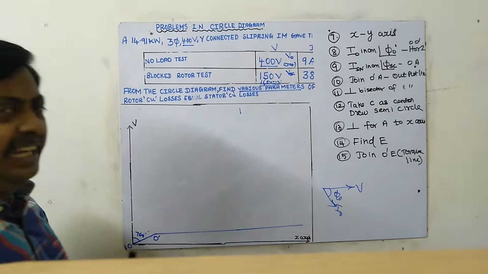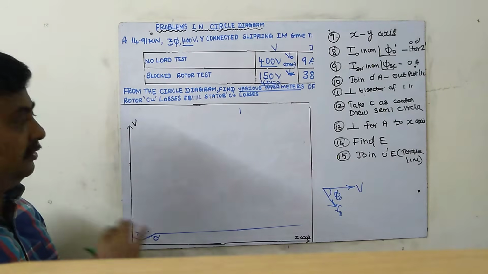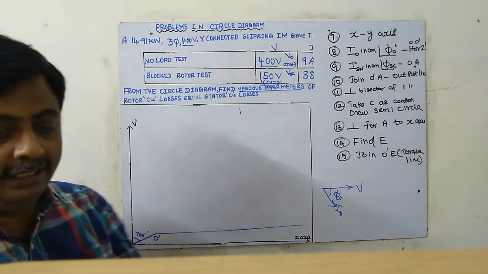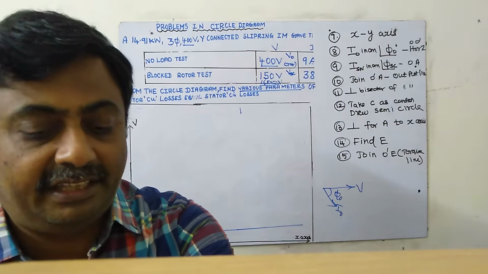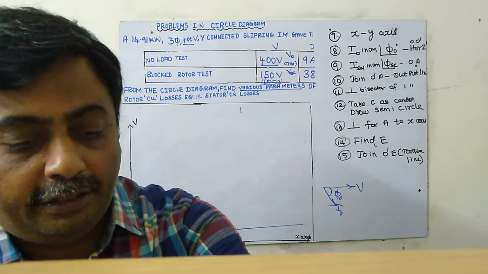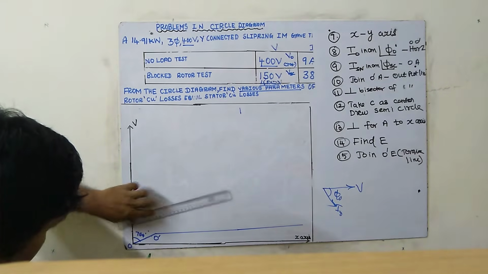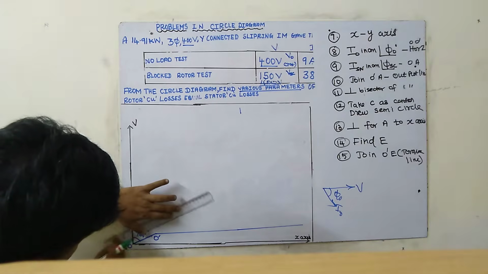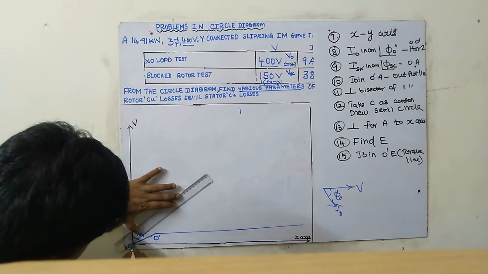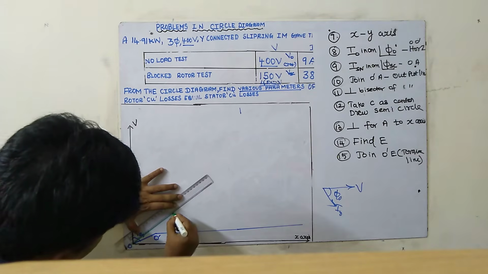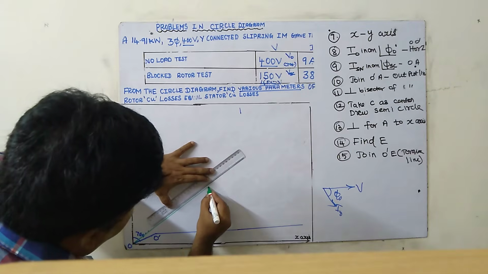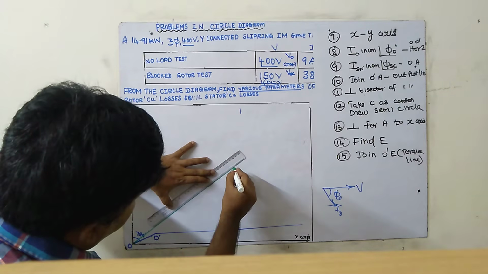Draw this line as a very thin line, because we are not going to use it onwards. Don't draw a very long line.